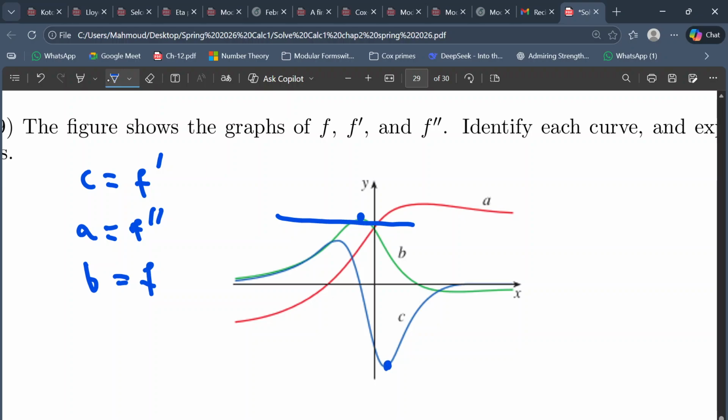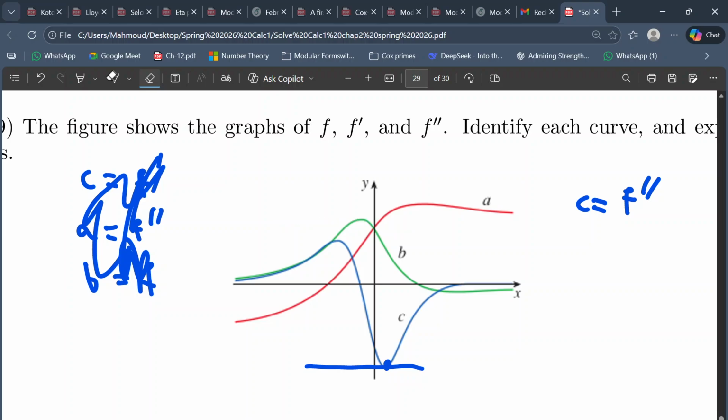You can see that here you have a horizontal asymptote for C, right? But these other graphs are not 0, right? So here we need to change this. C will be f double prime, because the other two graphs are not 0 at this horizontal asymptote of C.